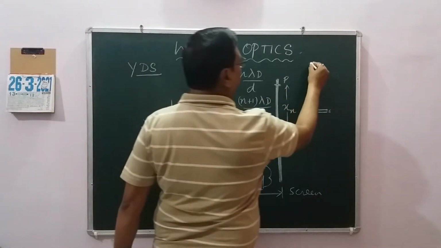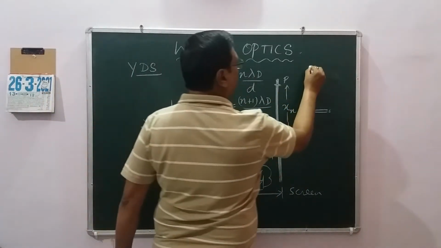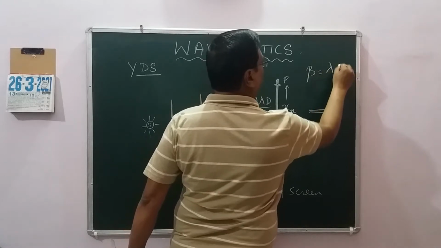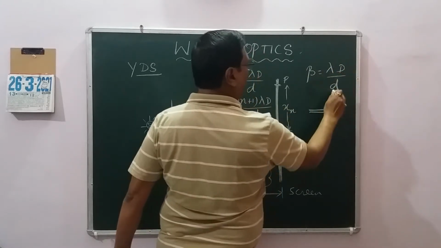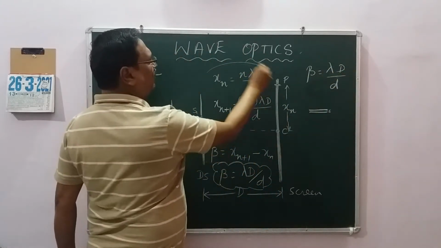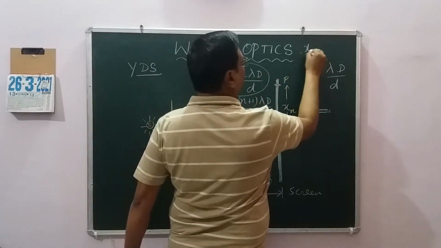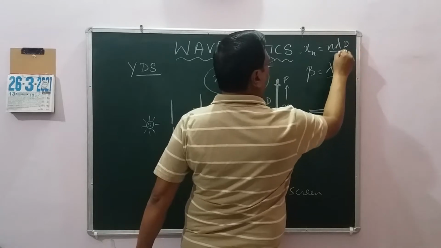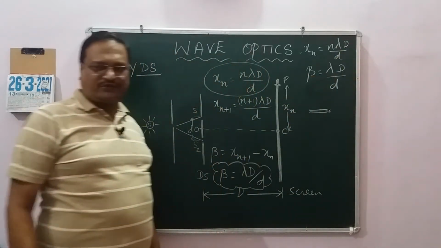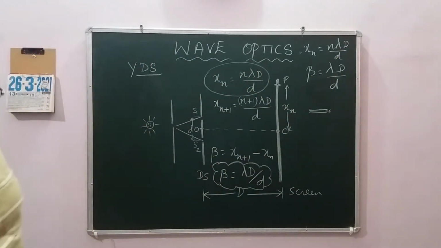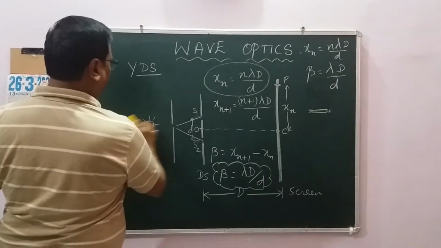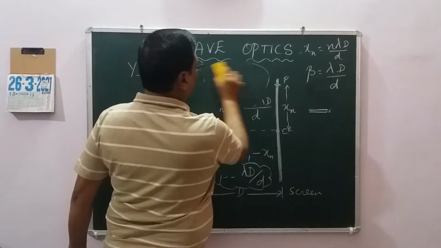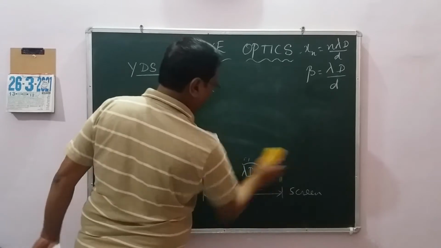So ultimately we take the final value, beta is equal to lambda D upon small d. And also in numericals, we very often use the formula xn is equal to n lambda D upon small d. So note these 2 points, you should keep them in mind. So this is the basic of the interference pattern.